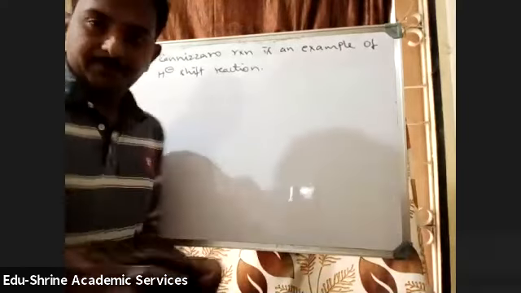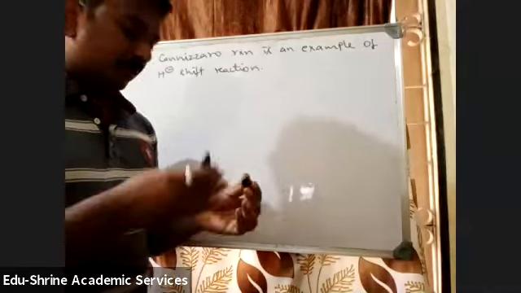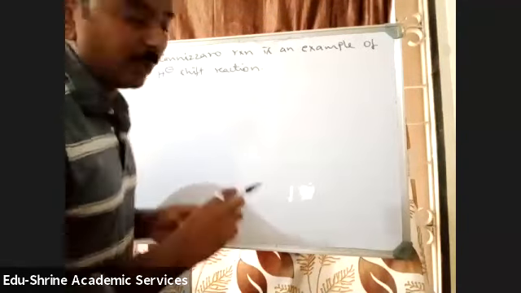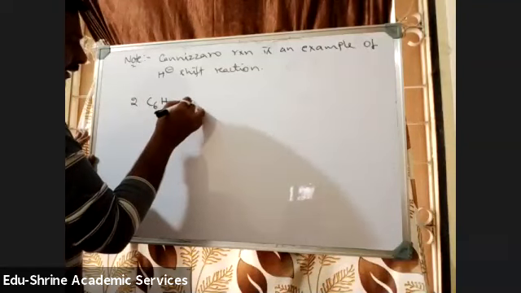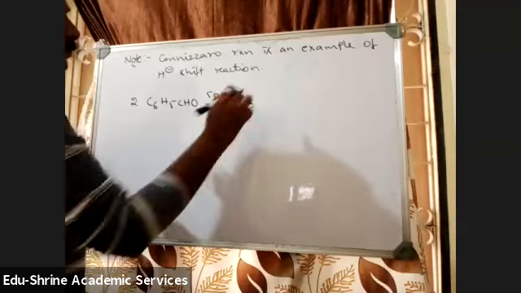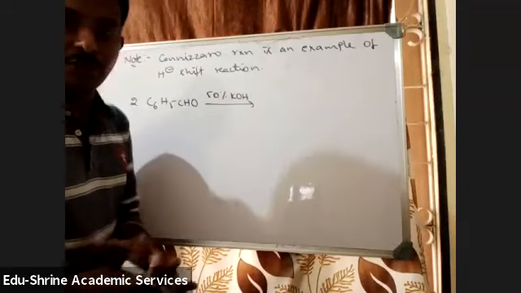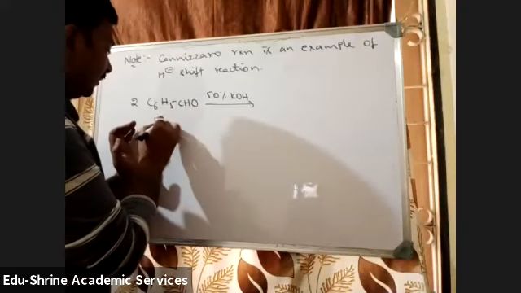Very simple. One product will be the salt of a carboxylic acid, and one will be an alcohol. Those will be the products in the Cannizzaro reaction. For example, if I take 2 moles of benzaldehyde in the presence of 50% KOH, what happens, students? From here, this is benzaldehyde.